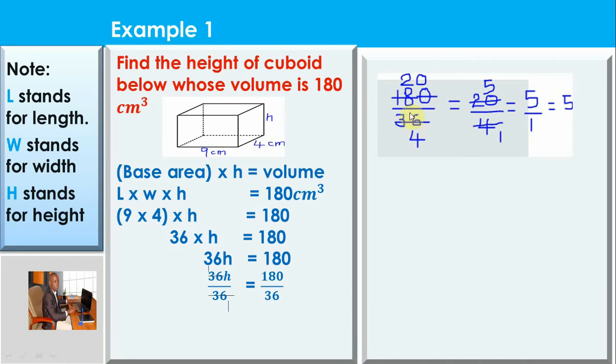Now here I was dividing them using what we call the common factors. For example, 180 out of 36, I said which number can divide 36 and the same number can divide 180. So I said 9 can divide them. So 36 divided by 9, we get here 4.